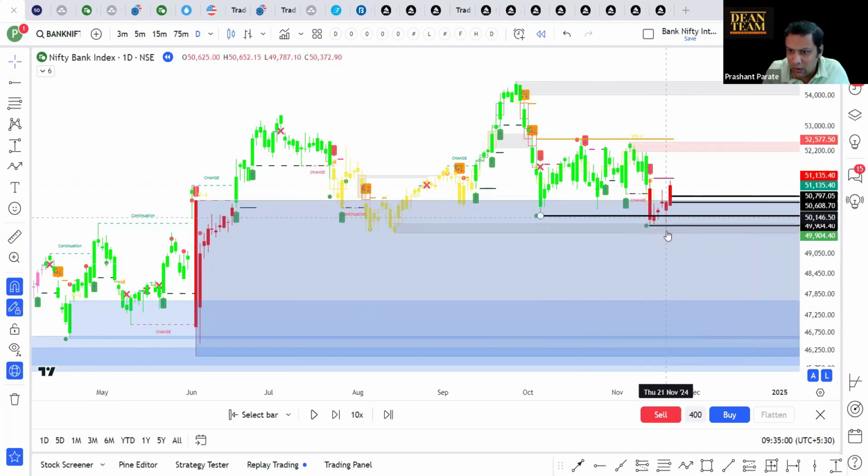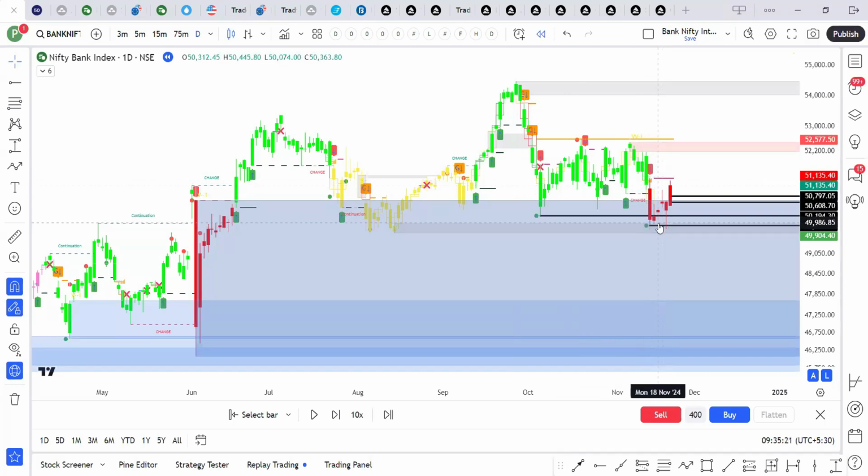But it went down below this and did not close below this, and prices reversed. So if this kind of price action appears, what is it suggesting? Selling force was strong, then sellers exited below this, because they are not able to keep the prices falling.